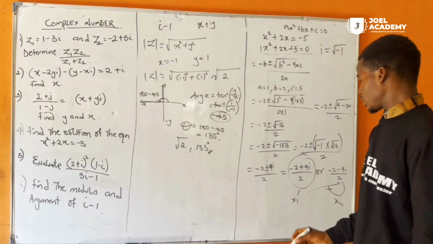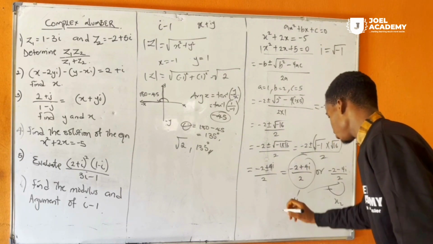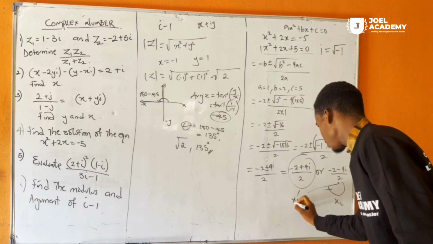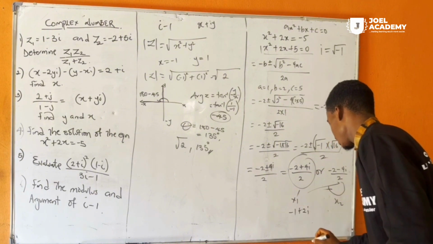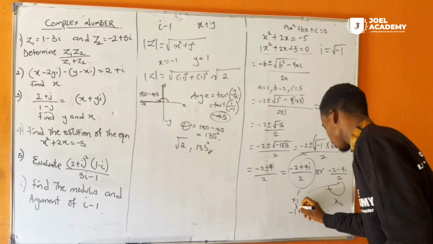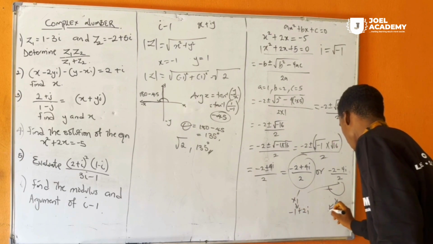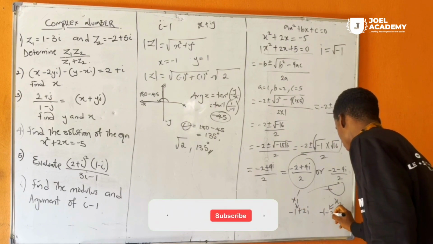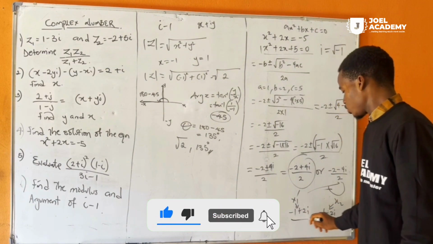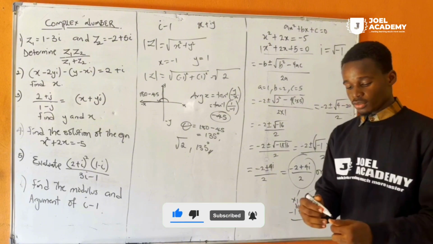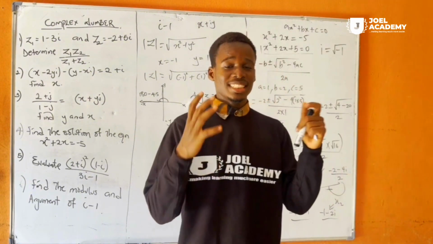We can further break it down, dividing everything by 2, to have minus 1 plus 2i as x1, and also minus 1 minus 2i as x2. So this becomes the first root of the equation, and this becomes the second root of this equation. I believe we'll be able to understand this.